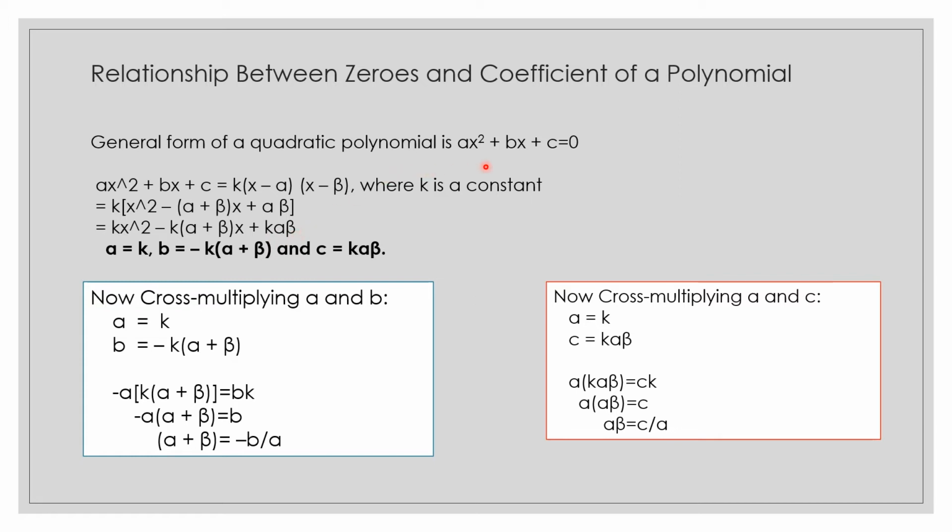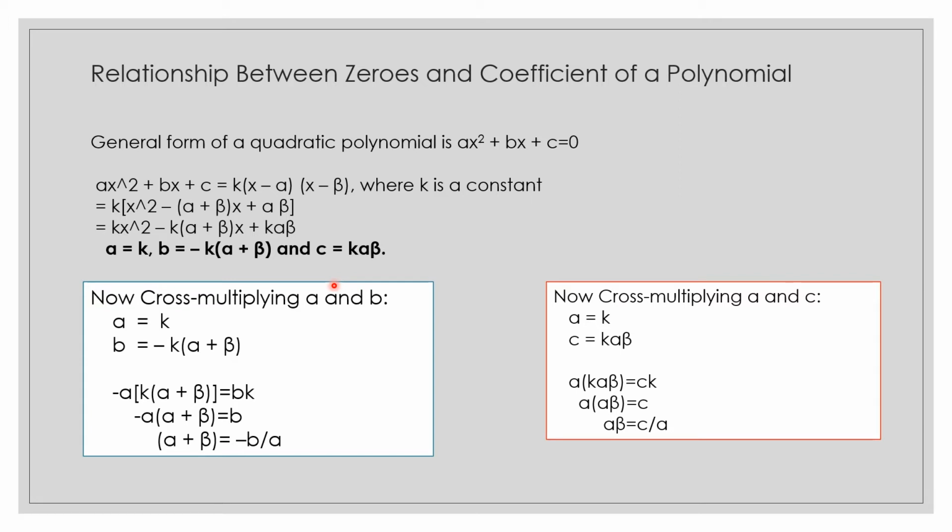So that means we can equate the coefficients, right? So the coefficient of x square is a and k. So on equating them, a equals k. And similarly equating x coefficient, we get b equals minus k into alpha plus beta, and equating the constants, we get c equals k alpha beta.